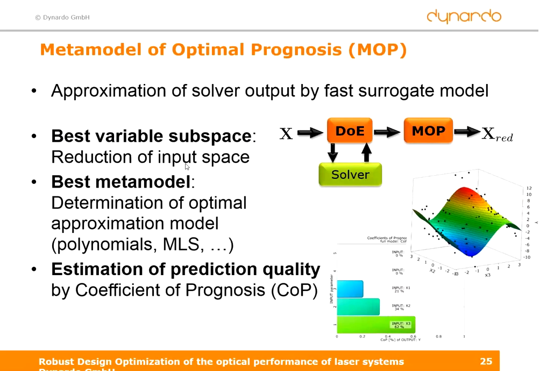Everything is done automatically. The second thing is that the best meta model is also selected automatically. So the best approximation model is chosen, whether it's polynomials, moving least squares or a Kriging model. You don't have to choose this by hand. Always the best fitting will win.